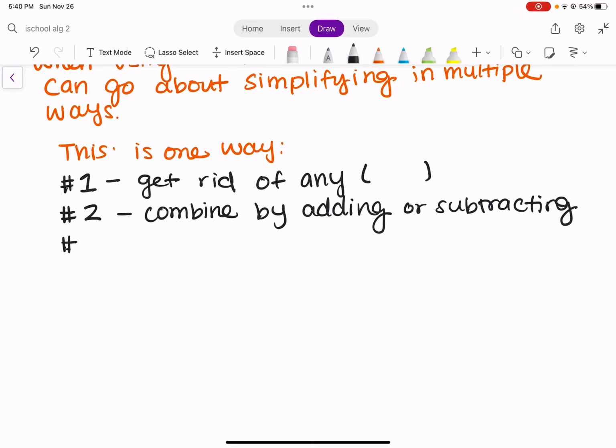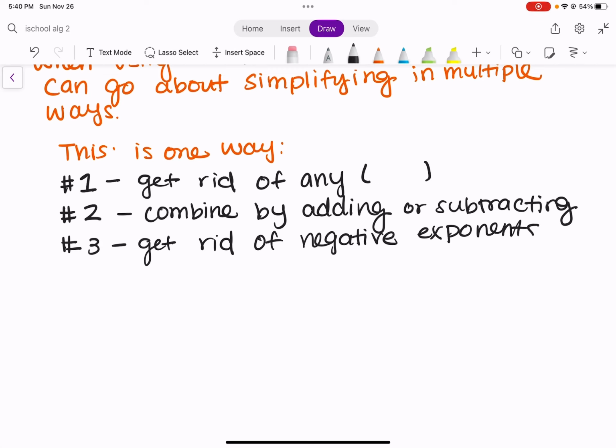And then lastly, part 3 is get rid of negative exponents. Okay, so these are like the 3. This is how I do it. You don't have to do it this way, but this is just personally how I do it.